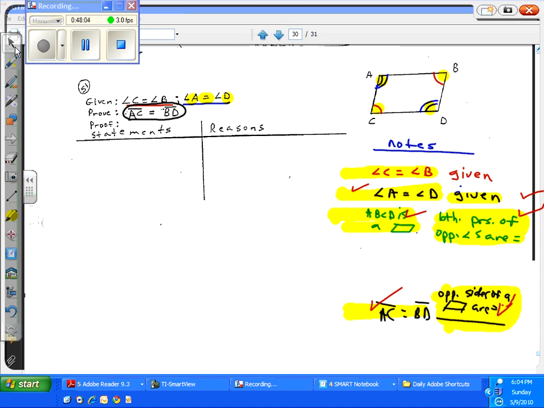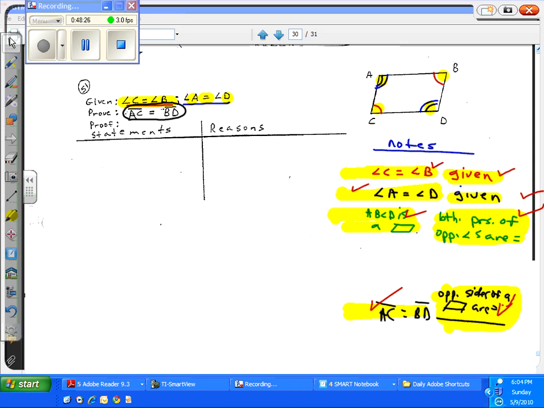There's no needed statements to go with that, so that's justified. We go to the next needed statement, and we look at its reason given. We check, is it in the given? Yes. So this reason is justified because its statement was in the given. That justifies that statement and reason.